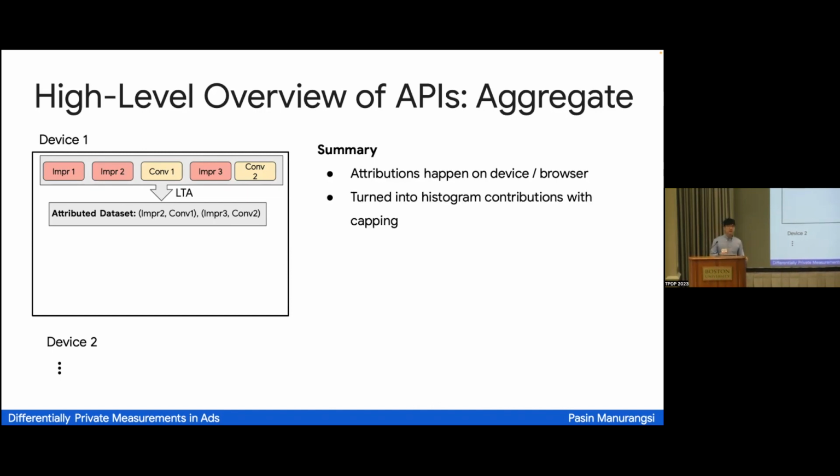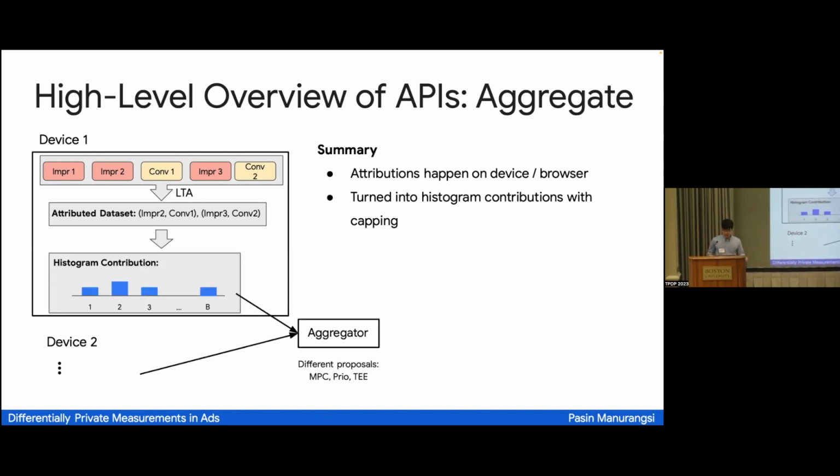Once this is done, these proposals say that they will allow the advertiser to specify how to encode this attributed data set into some histogram contribution. This histogram contribution will be capped with a certain L1 or L2 sensitivity, so that we can get a privacy guarantee. These histogram contributions are then sent to some aggregation service.